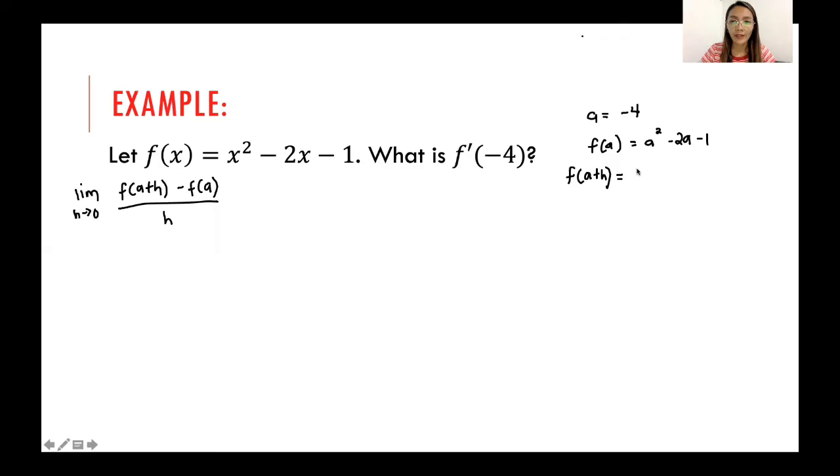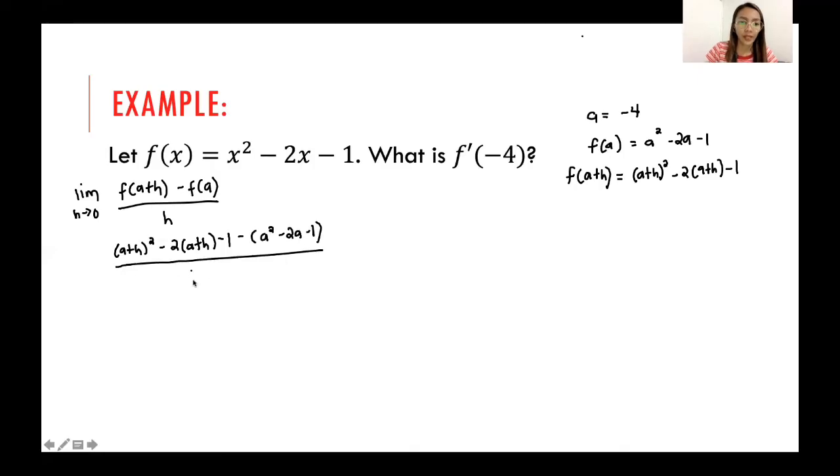So we have here a plus h squared minus 2 times a plus h minus 1, minus a squared minus 2a minus 1, over h.